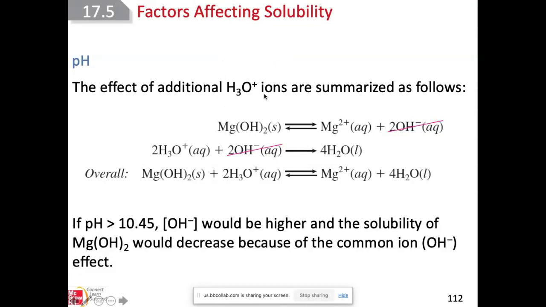That hydronium ion that I am adding will react with this OH-, kind of take the OH- out and form water. And because this OH- is taken out, the reaction has to go forward, to the right, and make more of the OH-. That means we will have more ions present. So this is the overall reaction if I add that.